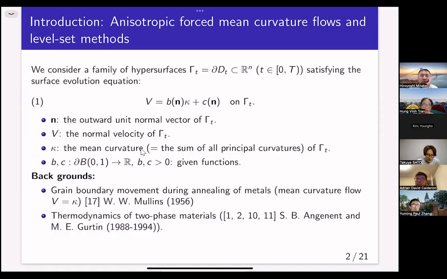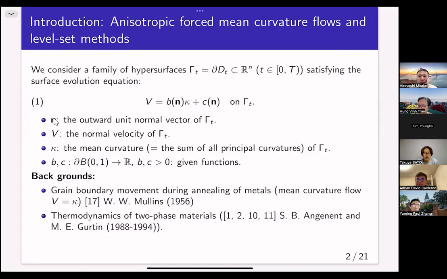At first, we considered some family of hypersurfaces named gamma t, which satisfies the surface evolution equation given in this form.